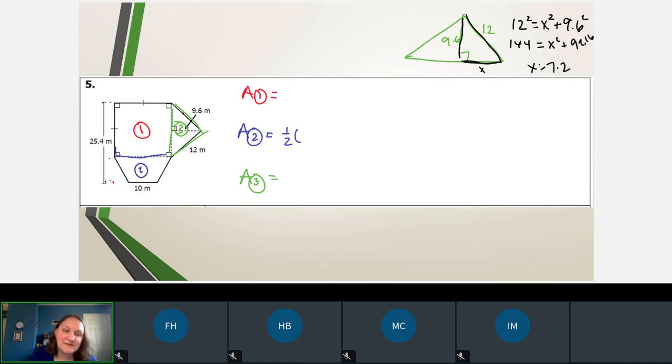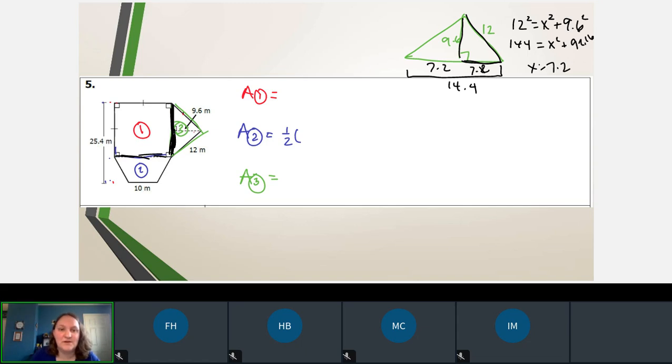So this piece is 7.2, which means the entire base of my triangle has to be twice that. If this piece is 7.2, this piece is 7.2, so the whole thing is 14.4. That unlocks the entire problem for us, because once we know this base, we know the length of each side of the square, and we know the second base of our trapezoid.